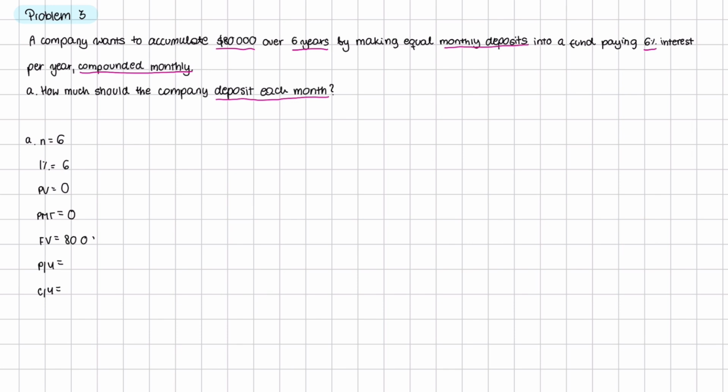So it's like this, and then we have P/Y and C/Y. C/Y is for sure 12 because we have compounded monthly, and P/Y is also 12 because we have monthly deposits, but we need to also include it into our time, so times 6 times 12, and now we can find our PMT.